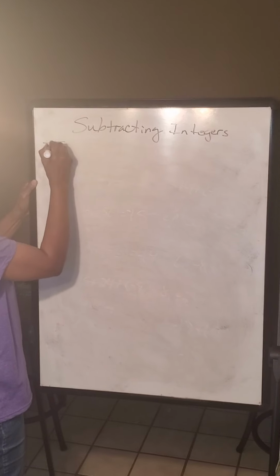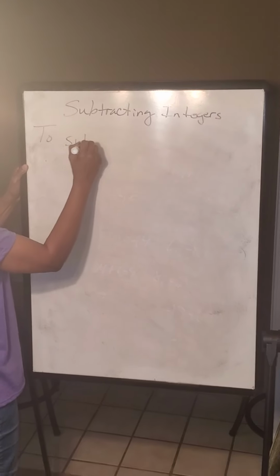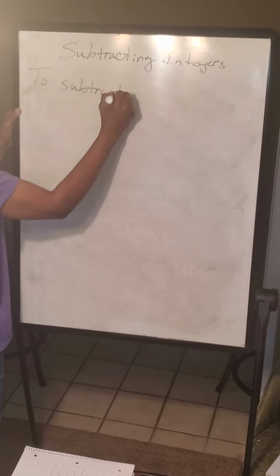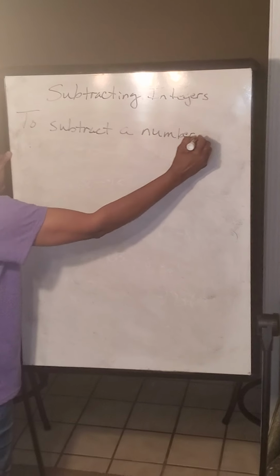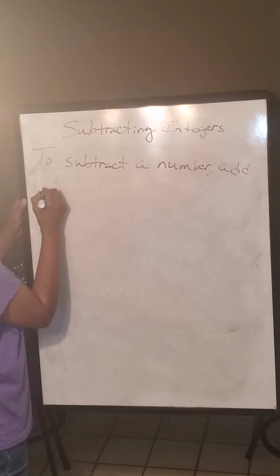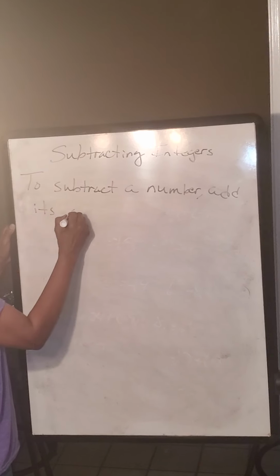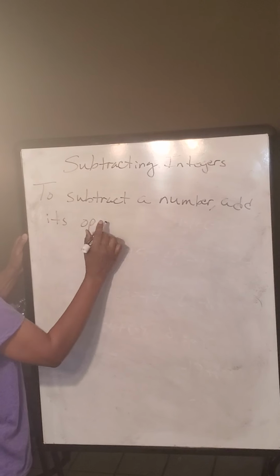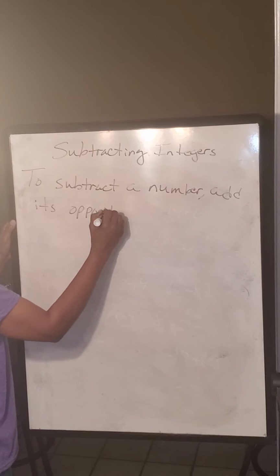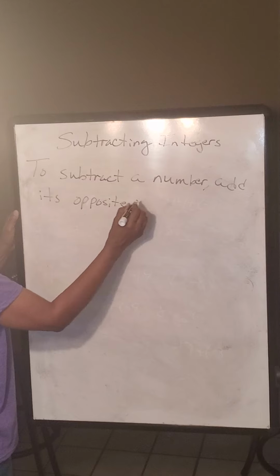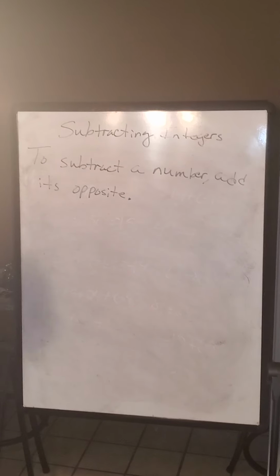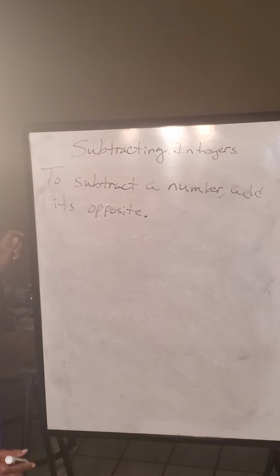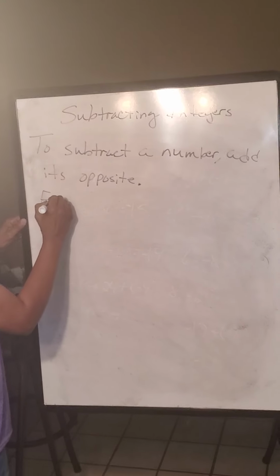The rule is to subtract a number, add its opposite. So your backup system for subtraction, write the problem as an addition problem, okay? So let's find each difference.